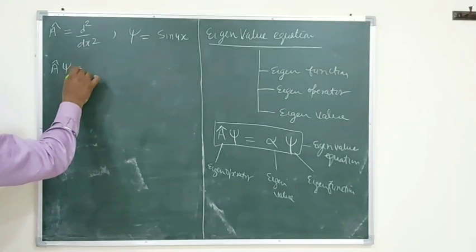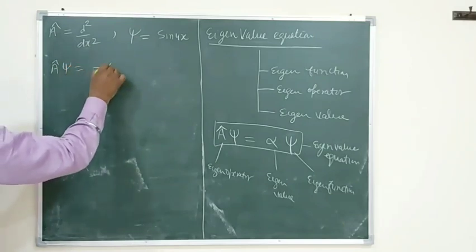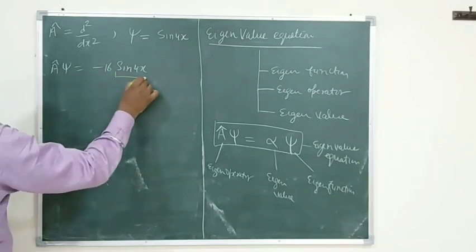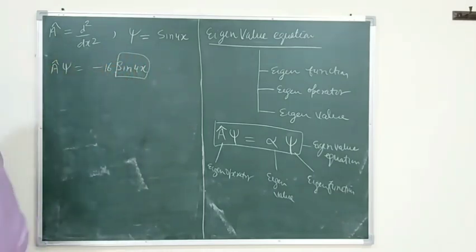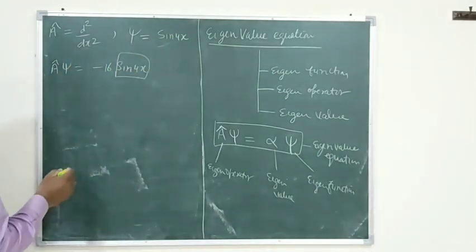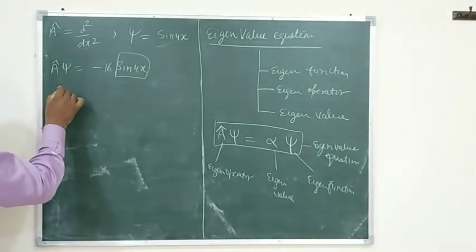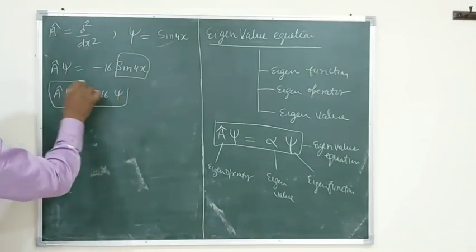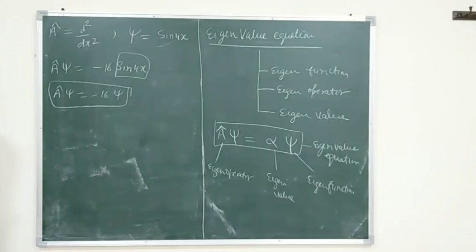Now what will be A cap psi? You know that it will be minus 16 sine 4x. Now look, this sine 4x is in the output also, and sine 4x is in the input also. So A cap psi is equal to minus 16 sine 4x. We can write this, so this is an eigenvalue equation.